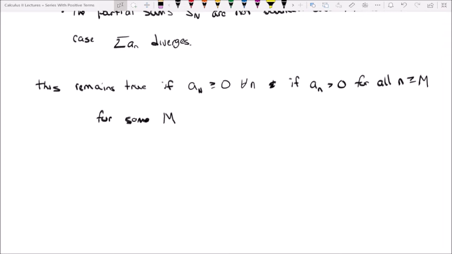Since we care about what the sequence does in the long run, as long as it's positive after some point M, then that's how the series is going to behave. The finite values before can do whatever they want; it's still going to be a positive series in the long run if all the terms are positive after some point.